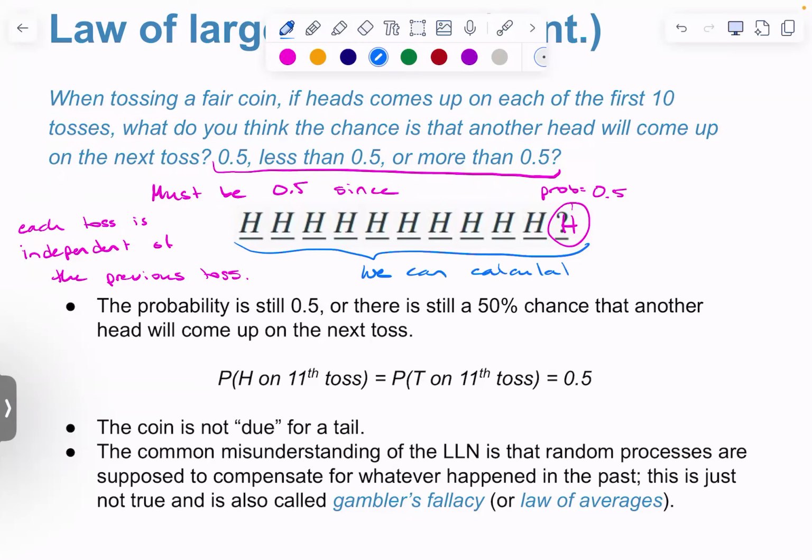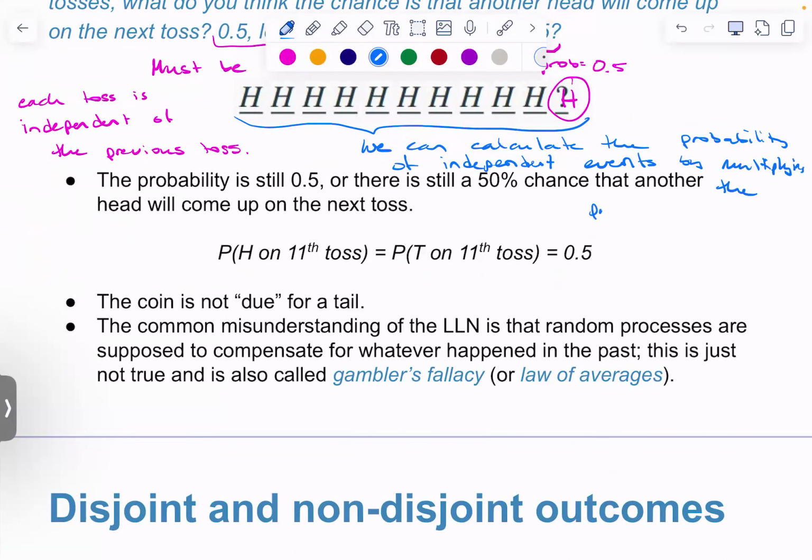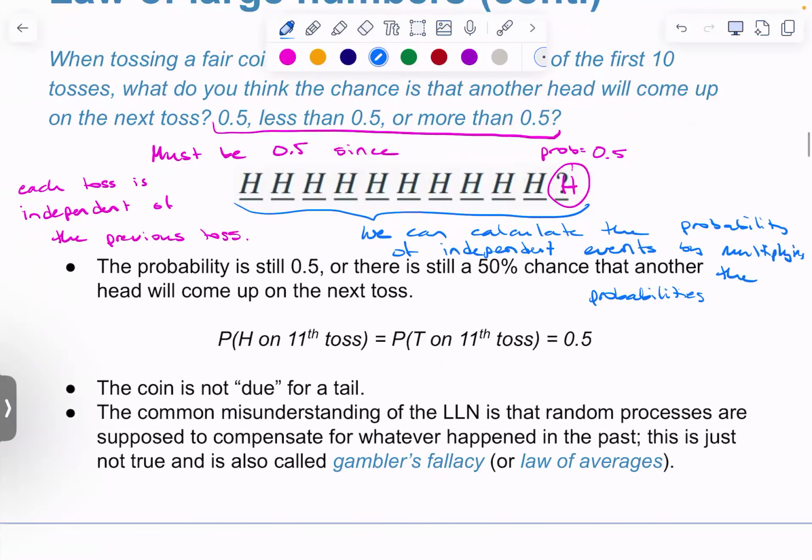We can calculate the probability of independent events by multiplying each of those probabilities. So it is a very unusual outcome in the sense that the probability of this happening is very, very low, but it's not zero, right?